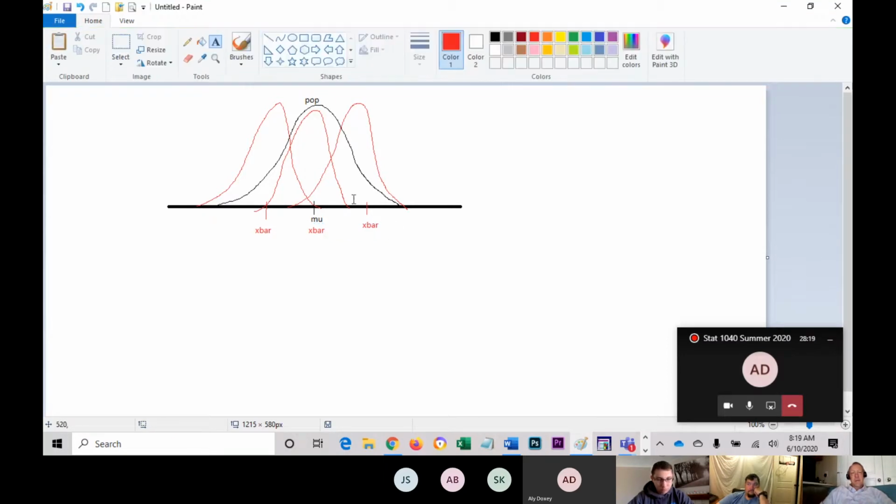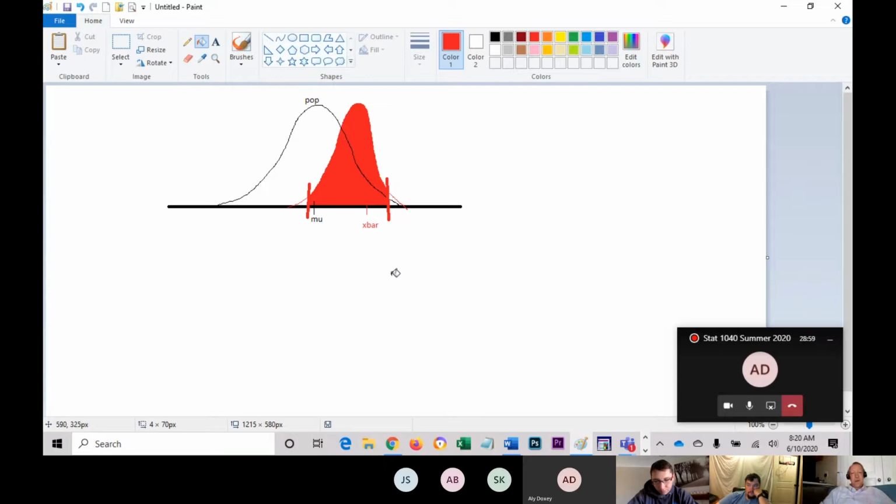Now the question is, you don't know which one of these three your sample is if you only do it once. So you only sample it once, but the idea here is if you go out far enough, and if I fill this in, okay.